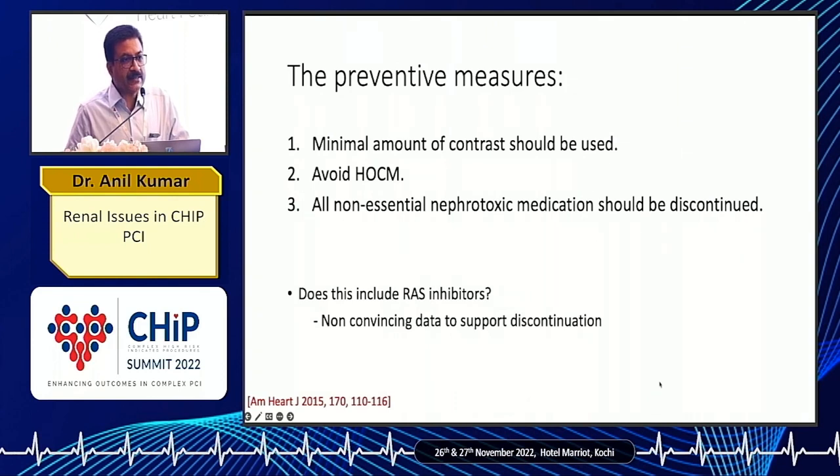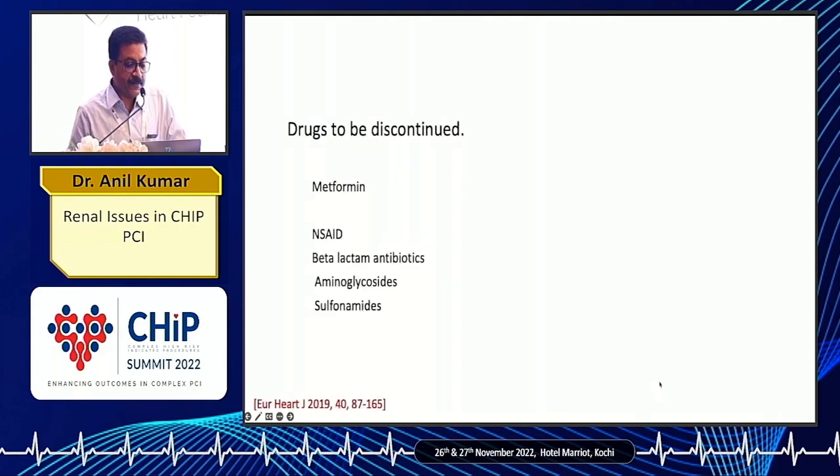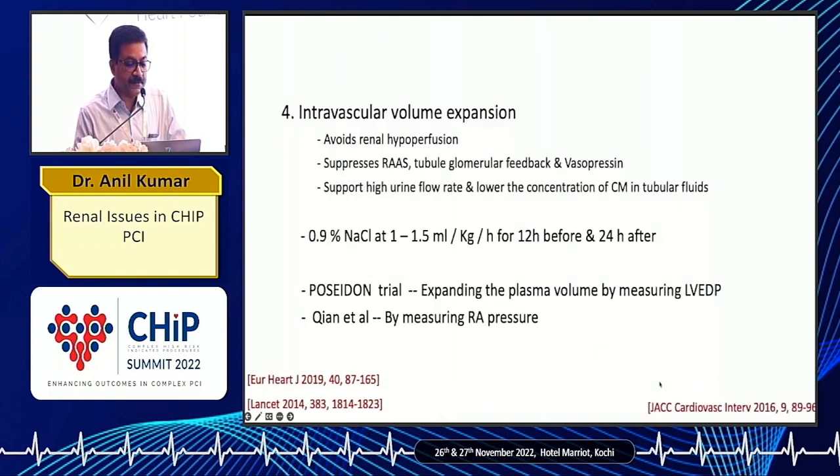And the answer is, there is no convincing data to support its discontinuation. The discontinuation of metformin is recommended because it produces lactic acidosis, which can lead to acute kidney injury. And other drugs to be discontinued are NSAIDs, beta-lactam antibiotics, aminoglycosides, and sulfonamides.